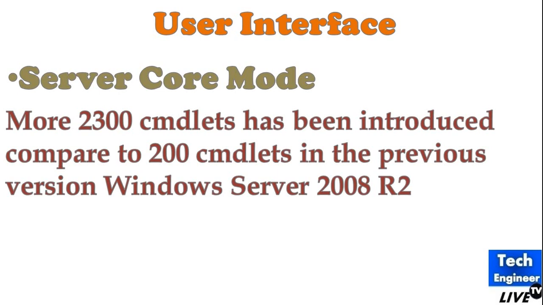They just need one command and you can access the entire operating system with ease. That is why more and more commandlets have been introduced compared to what it used to be in Windows Server 2008 R2, with only 200 commandlets.